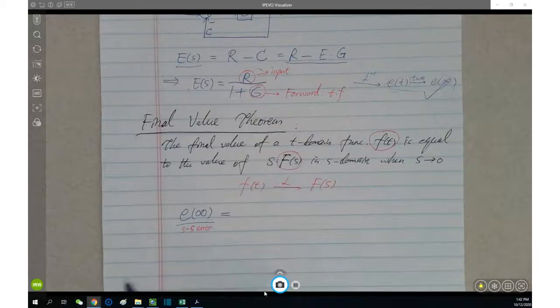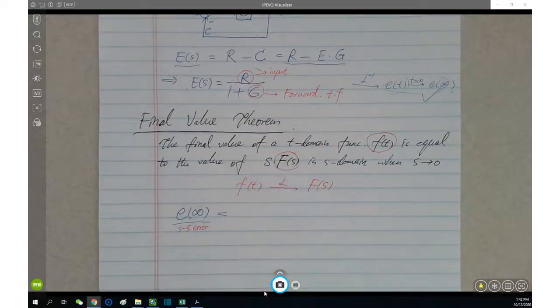Equals to what, according to this? Well, s times F of 0. The key is, who is the F? Oh, large E of 0.